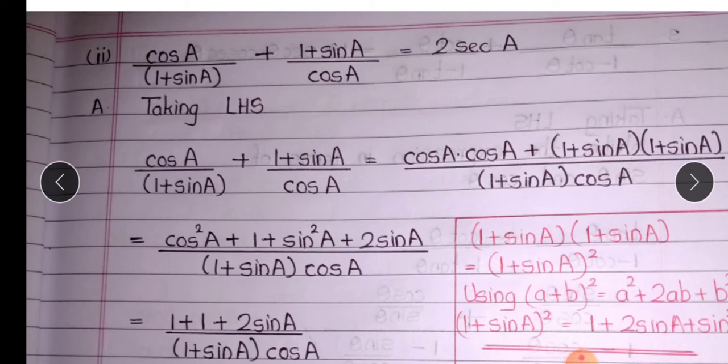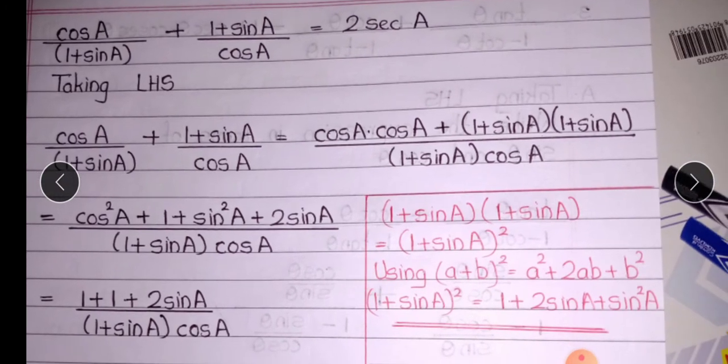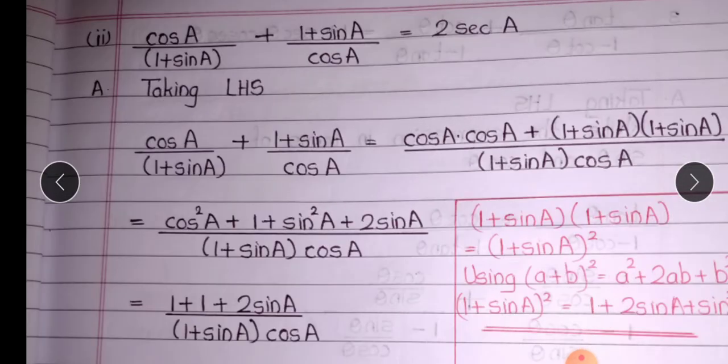So, (1 plus sin A) the whole square, I can write it as 1 plus 2 sin A plus sin square A. So, that is what I have written here.